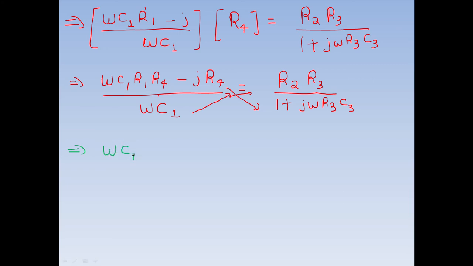Omega C1 R2 R3 is equal to omega C1 R1 R4 minus j R4 plus j omega square R1 C1 R4 R3 C3 minus omega j square, and j square is minus 1, so minus 1 and minus gives plus, plus omega R4 R3 and C3.